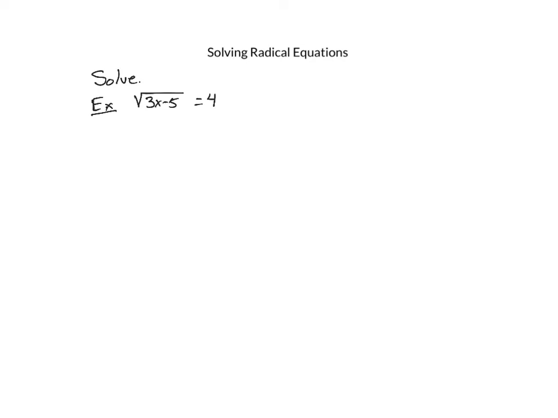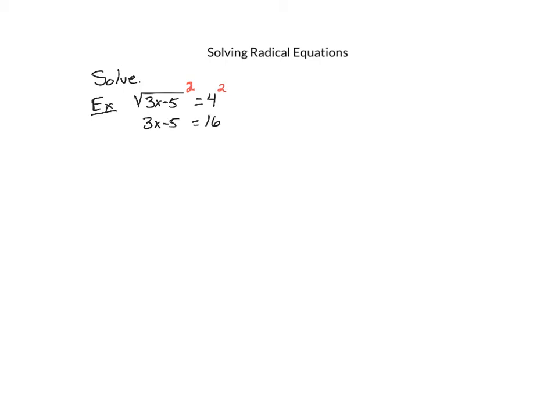We're going to take advantage of the fact that when we square that square root, we just get the radicand. So to get rid of the square root, we're going to square both sides of the equation. That's the big deal when we're solving this radical equation. So we would have a 3x minus 5 on the left and a 16 on the right.